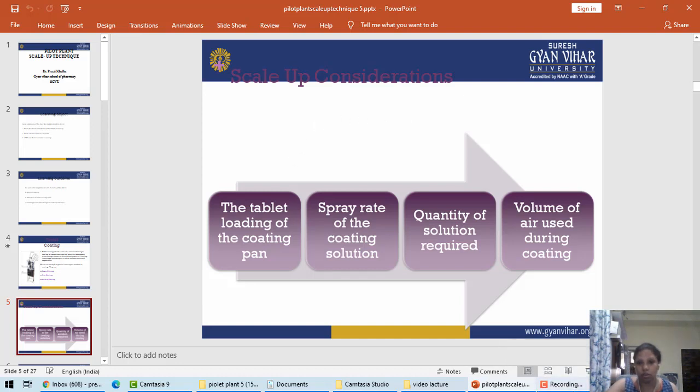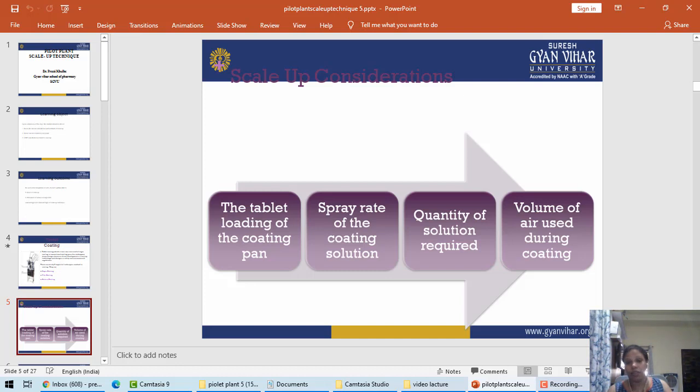So here also we have to see these things. First thing is the tablet loading of the coating pan. You have to load the coating pan properly. Overloading or underloading will lead to improper coating.